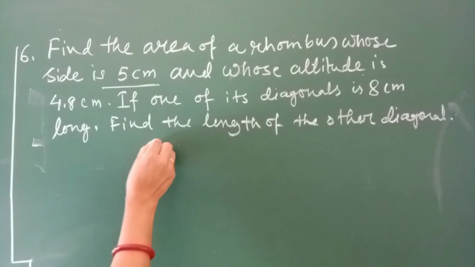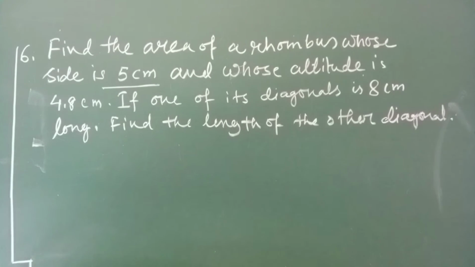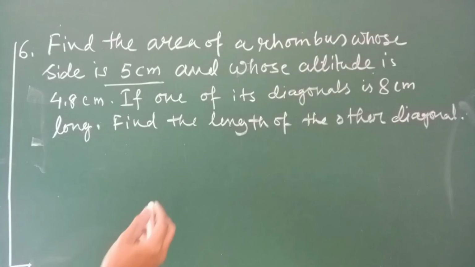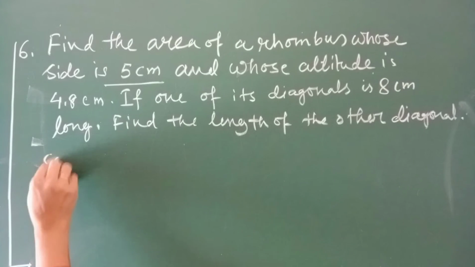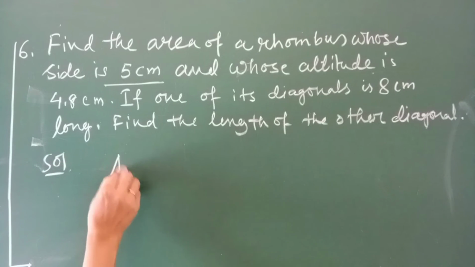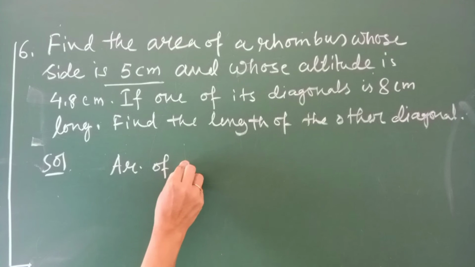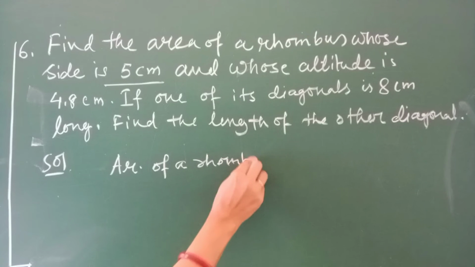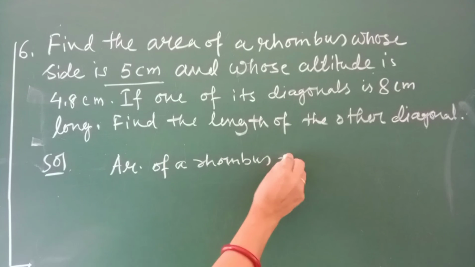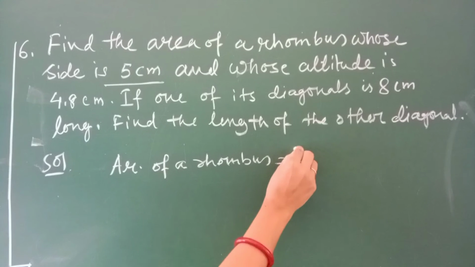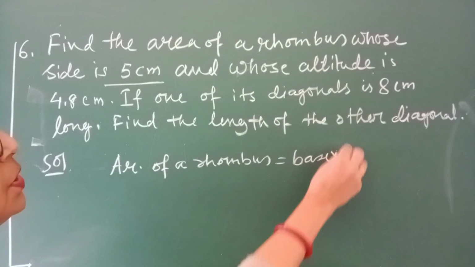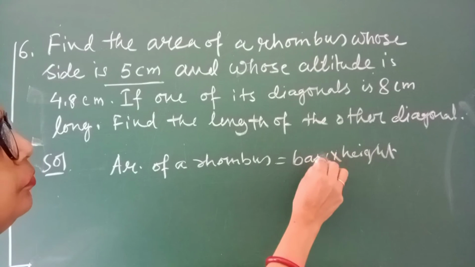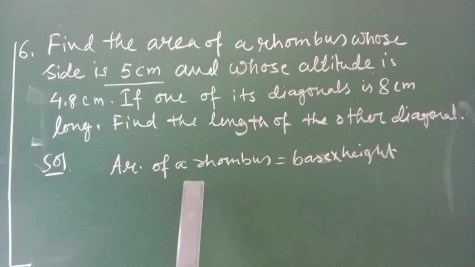And you all know that a rhombus is a parallelogram, a special kind of parallelogram. And the area of a parallelogram is base into height. So the area of a rhombus we can write as base into height, because a rhombus is a parallelogram.